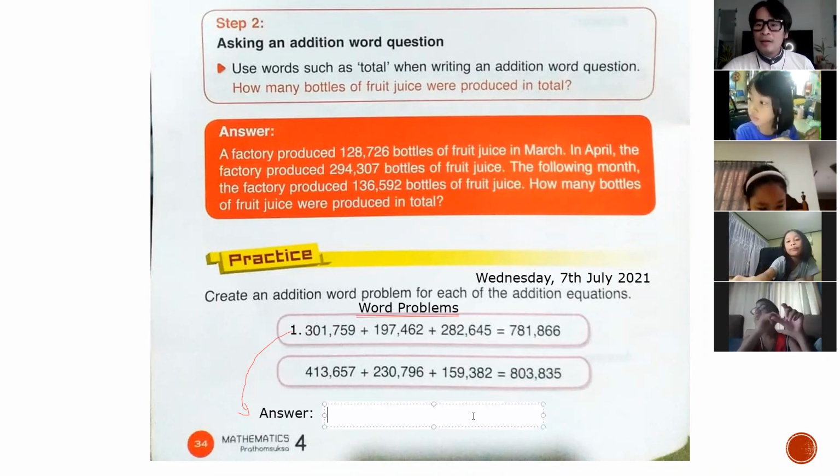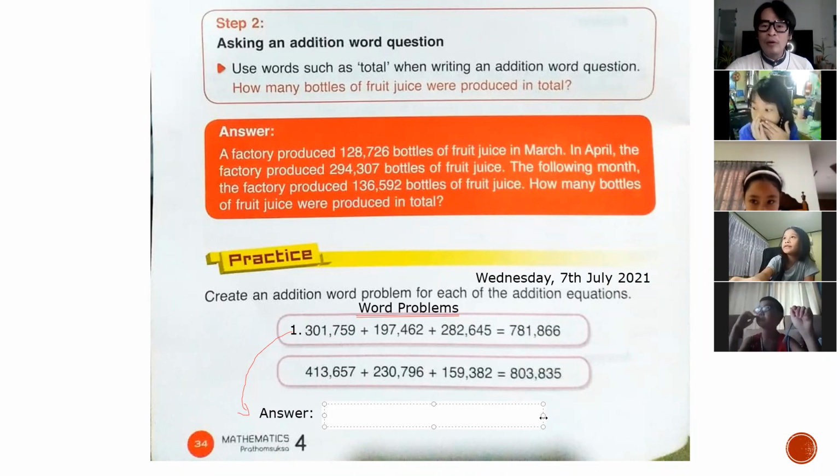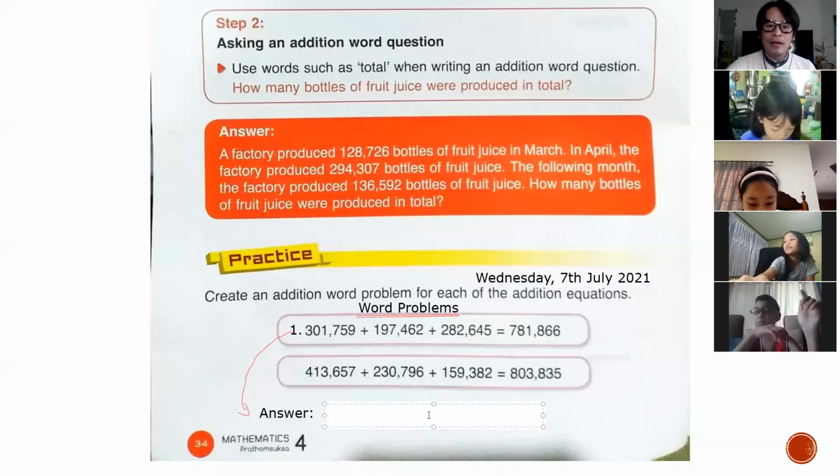Create only the word problem. Jaupun, what do you think? What should be the name of the things that you want? Toys, flowers, chocolate bars, right? Okay, so how will you say it?